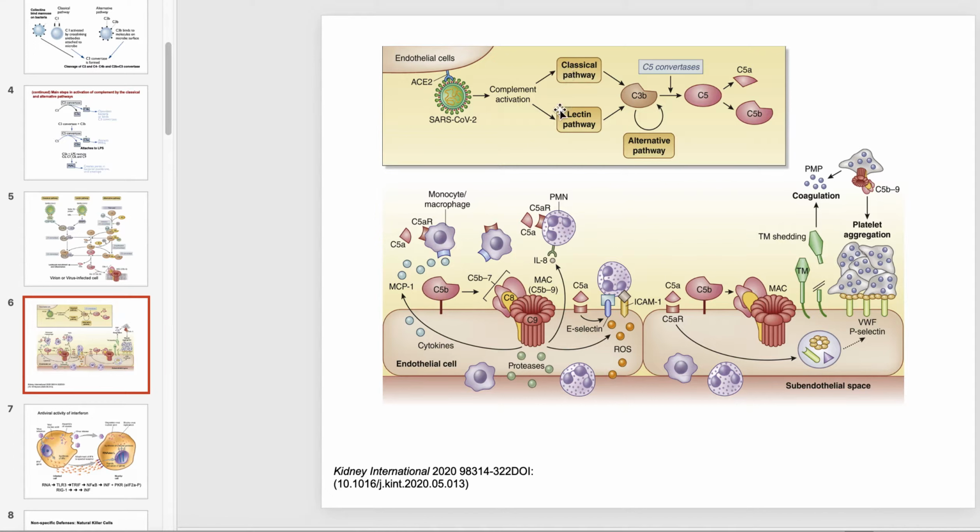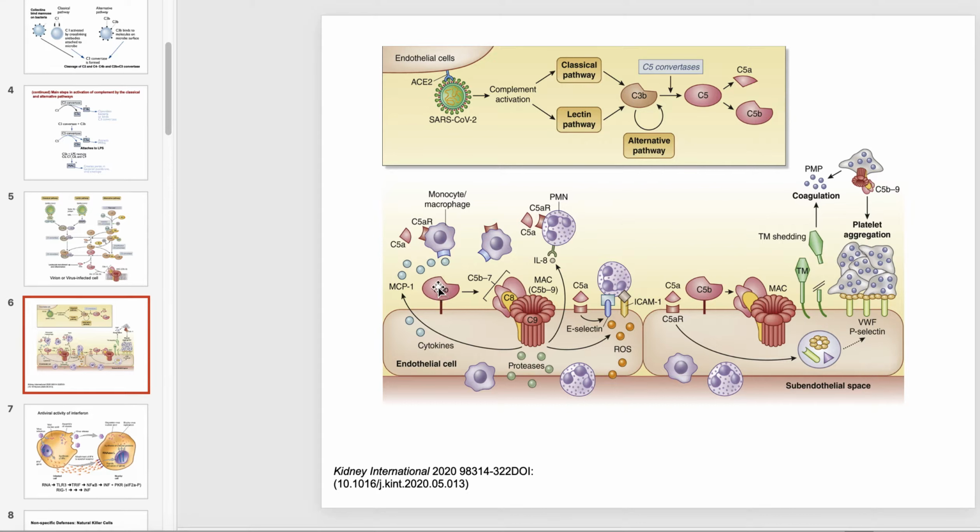The lectin and classical pathways being activated leads to the formation of C3b. And again, that tick over event can lead to more alternative pathway activation, the formation of C5 convertases, which then cleave C5 into the chemoattractant, and then the first part of the membrane attack complex, C5b.